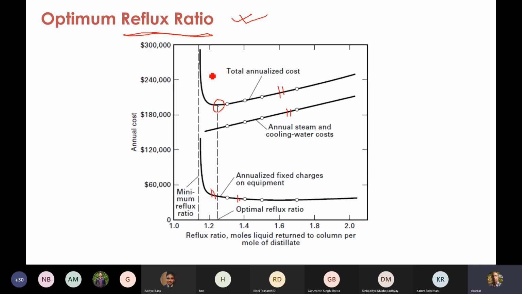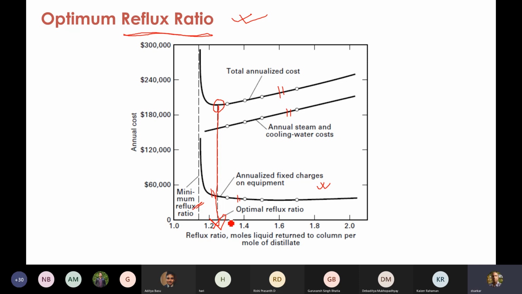If this is the minimum reflux ratio, you see here the cost will be infinite because you need an infinite number of trays. So this component is going to be infinite. Okay, so this is the optimum reflux ratio, and this is the one which you will be using for practical separation in industry.